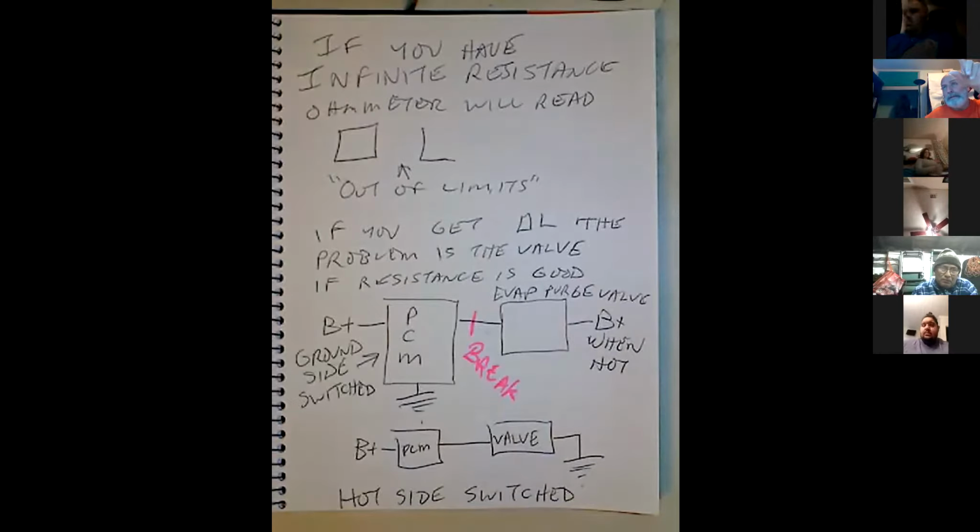What codes he's getting is purge flow incorrect. Now Rudy's absolutely correct, that could be a bad ground. In fact, I would suspect that, or it could be a bad 12 volts, or a bad connector. But whatever it is, it's not the easy fix. It takes some skill at that point.